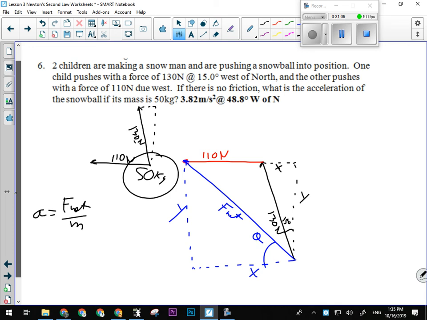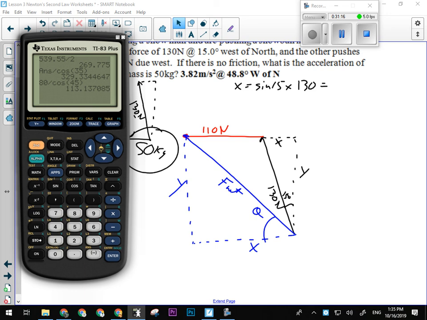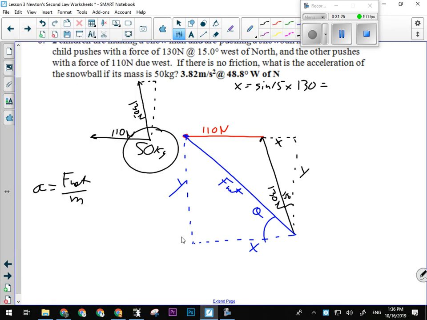So I need to calculate x and y. Black x is the opposite side, so that'll be the sine of 15 times 130. That's 33.646 newtons, and that's west.